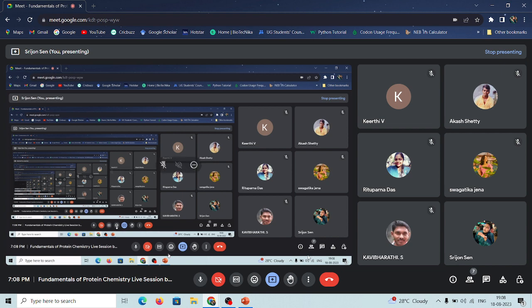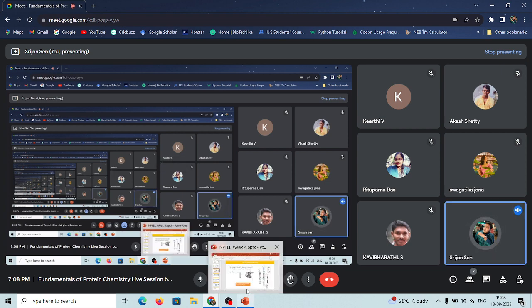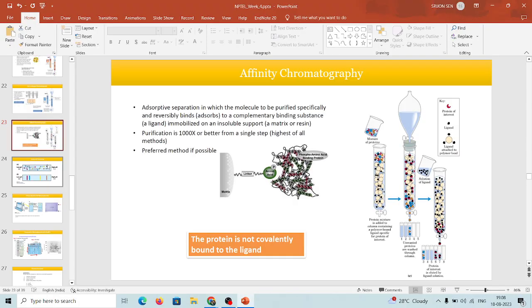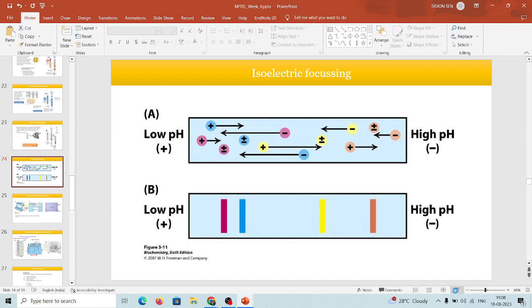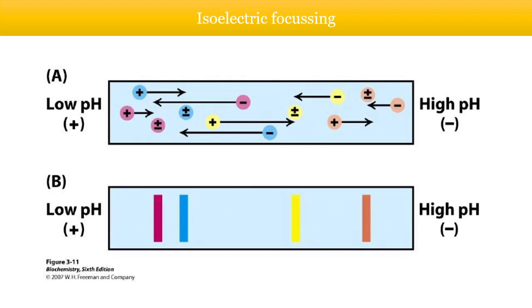So let us discuss the last few things that are left behind. Coming to isoelectric focusing. Isoelectric focusing is the technique by which you separate out the proteins based on the pI, or the isoelectric point. So isoelectric focusing is focusing on the isoelectric point of that particular protein.